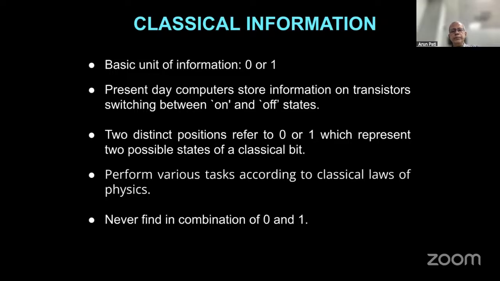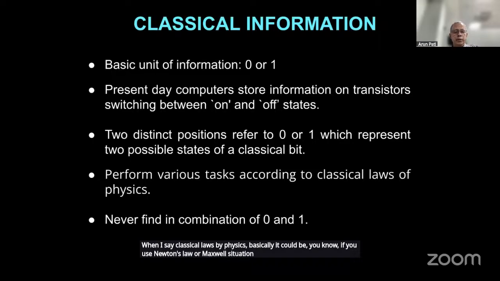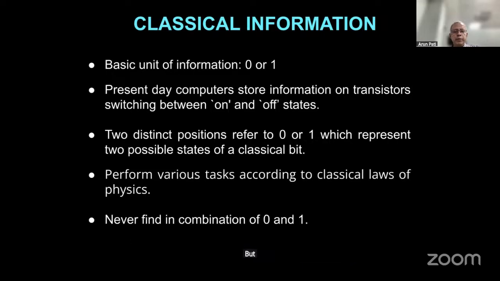What you have in mind is basically you store information on transistors, switching between on and off state. If it is on, you say 0. If it is off, you say 1, and so on. And these two distinct positions refer to 0 or 1, as I said, and that represent two possible states of a classical bit. And then you do various tasks according to classical laws of physics. When I say classical laws of physics, it could be Newton's law or Maxwell's equations and classical optics and things like that. But you never find a combination of 0 and 1 in the classical world.